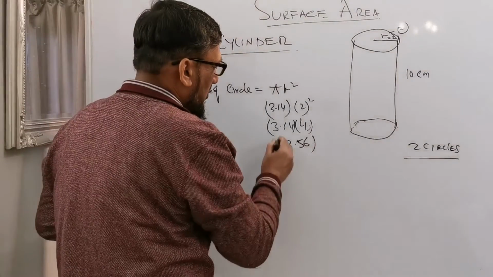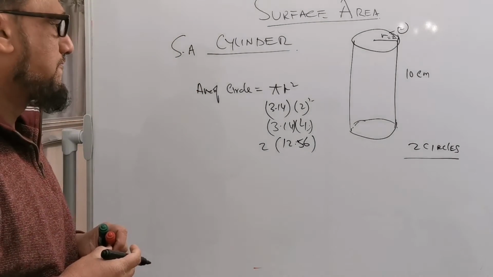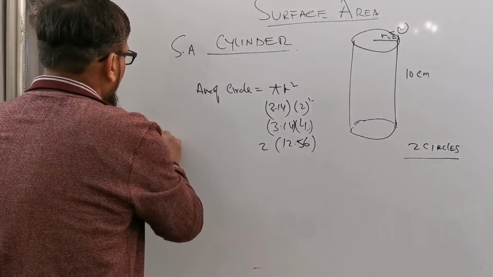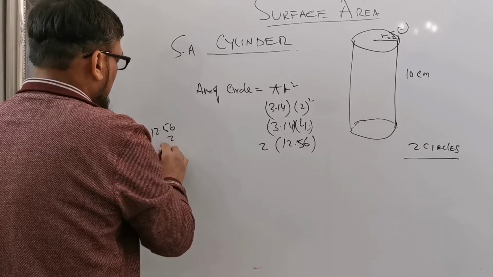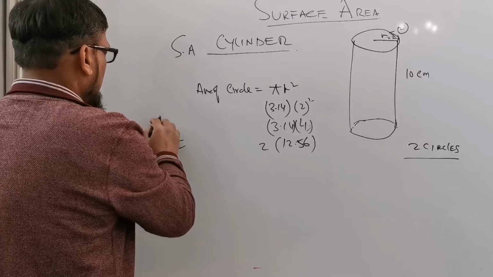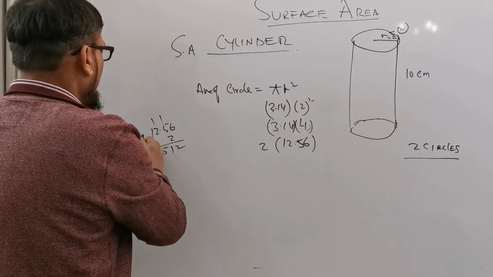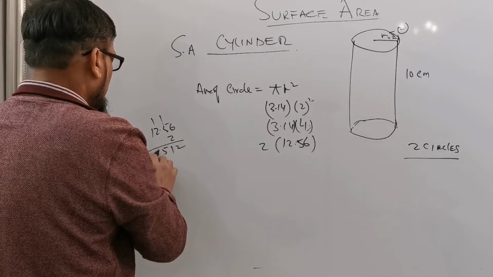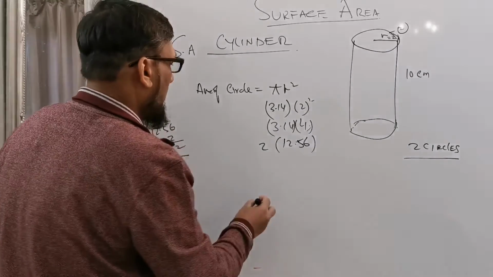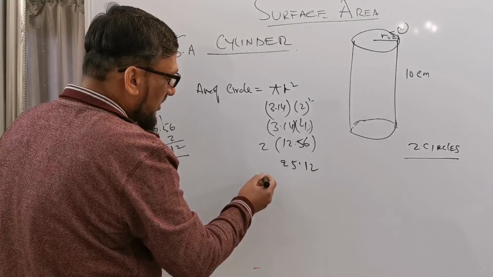So we can do 2 times 12.56, which is 25.12.